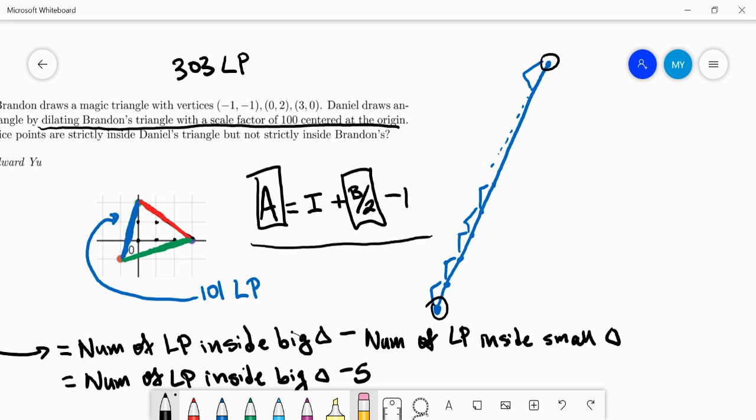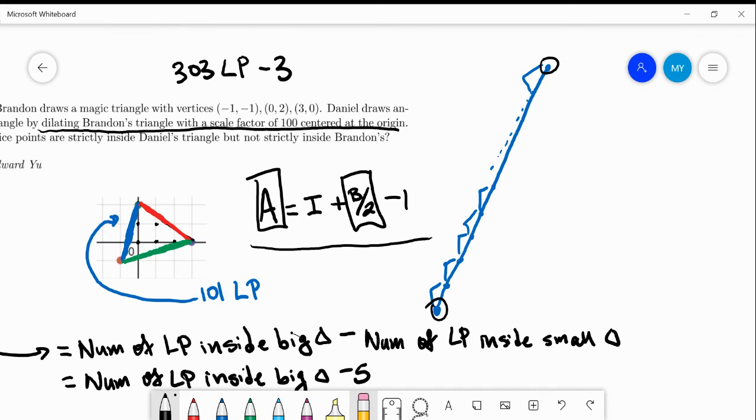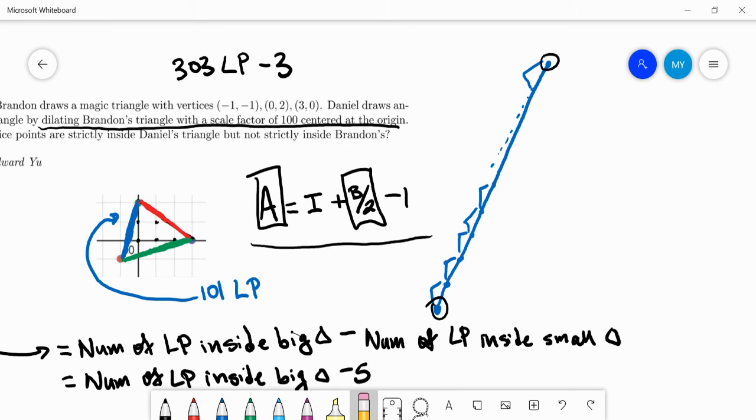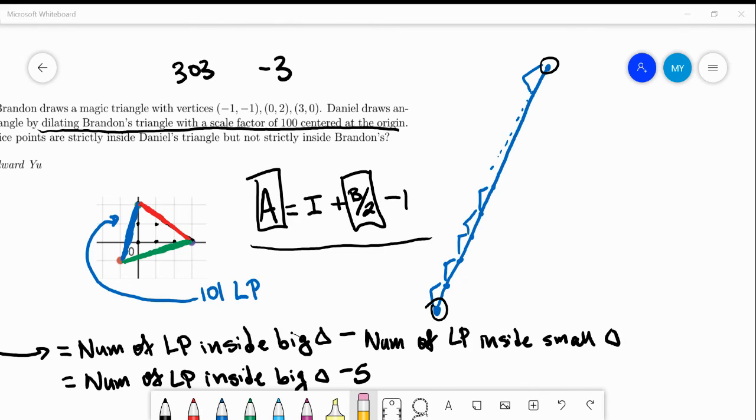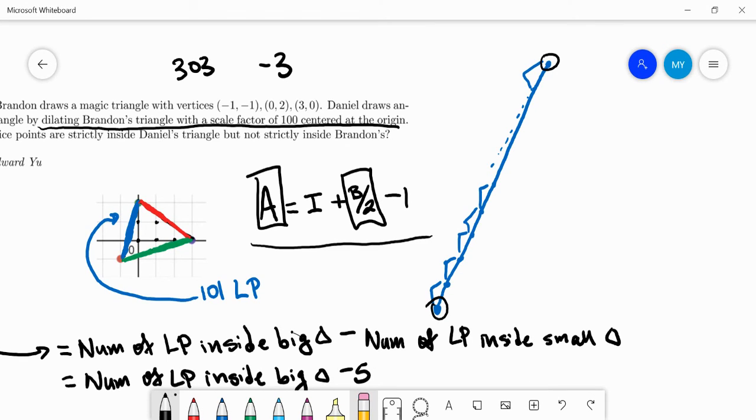So in this number 303, we have to subtract 3 lattice points, because those correspond to the overcounting of the vertices in the triangle. We don't want that. So in the end, we have 300 lattice points on the boundary of the triangle.